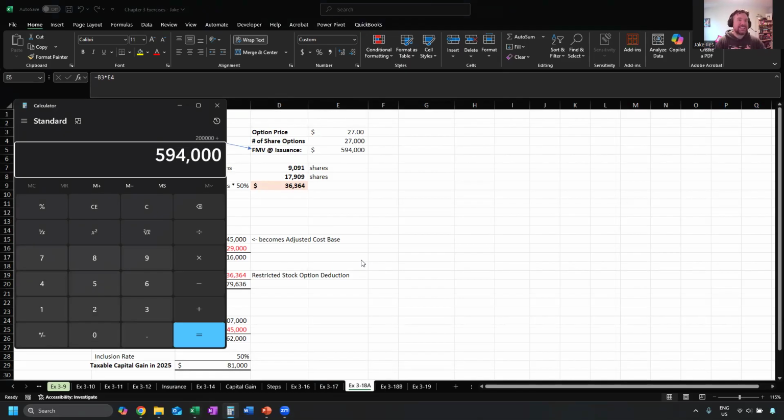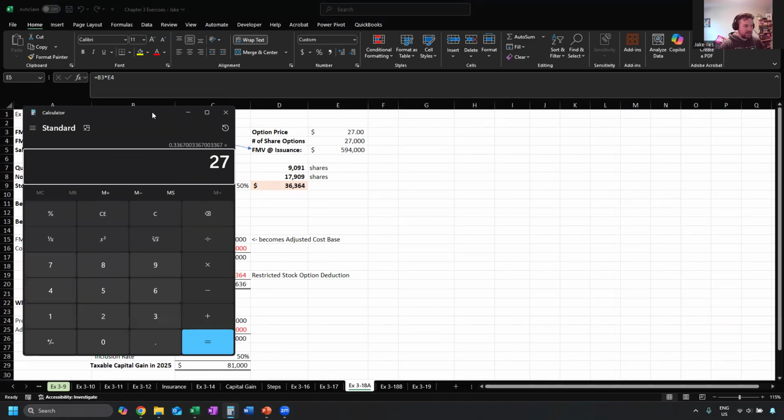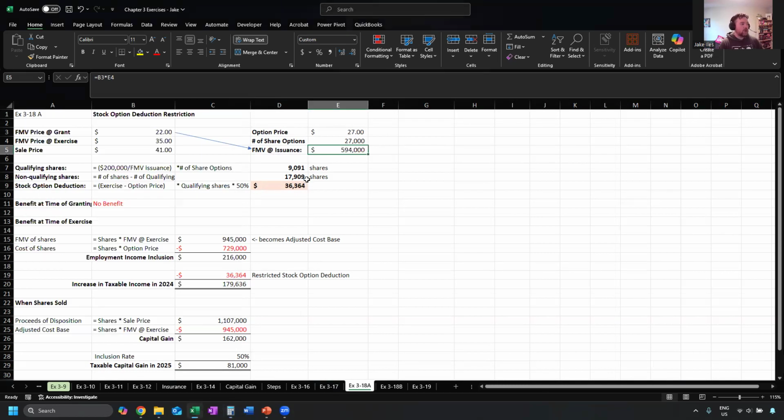That's the fair market value of shares that were available at grant date, which is 33.67%. So we'll apply that percentage times 27,000, and it says 9,090, or rounding it off, 9,091, are qualifying shares. That's how many of the shares can benefit from the reduction. The rest of the shares cannot.